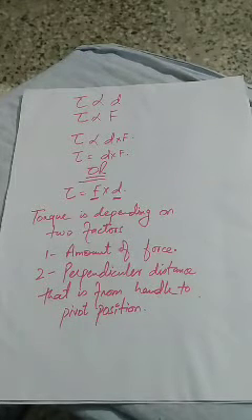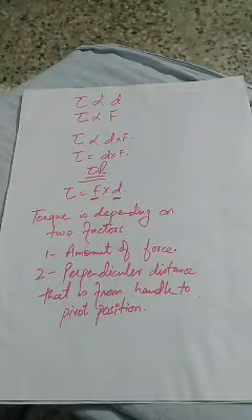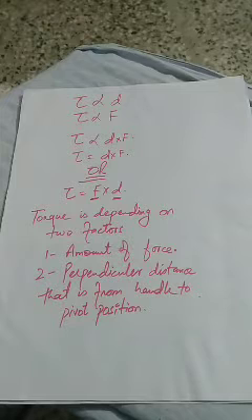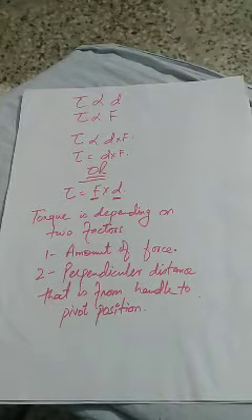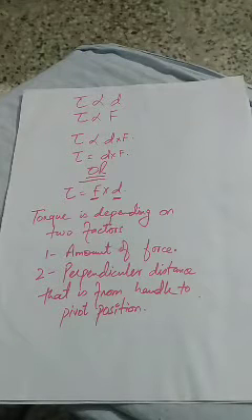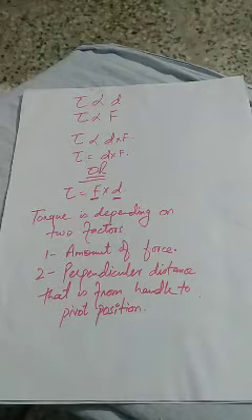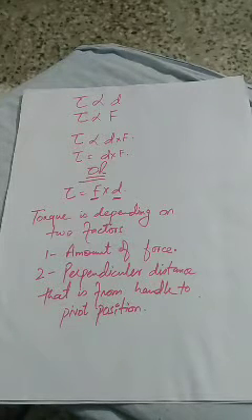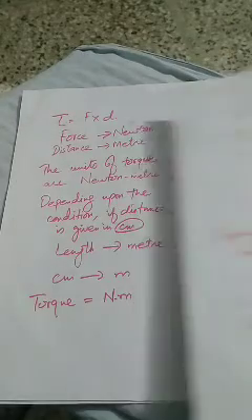Upon removing the proportionality sign there comes a constant k, and we can neglect that k because normally the value of k is taken as 1. So torque depends upon two factors: the amount of force which we apply on the handle and the perpendicular distance from the handle to the pivot position.